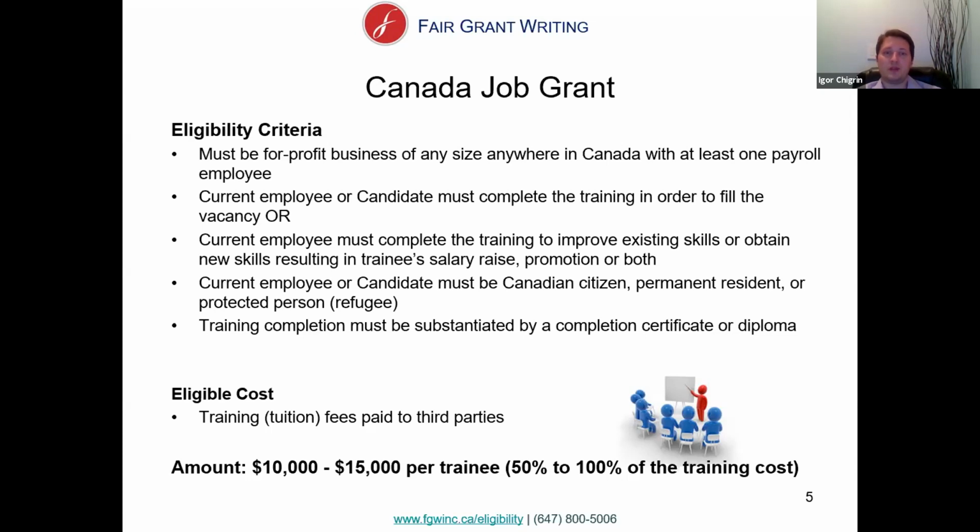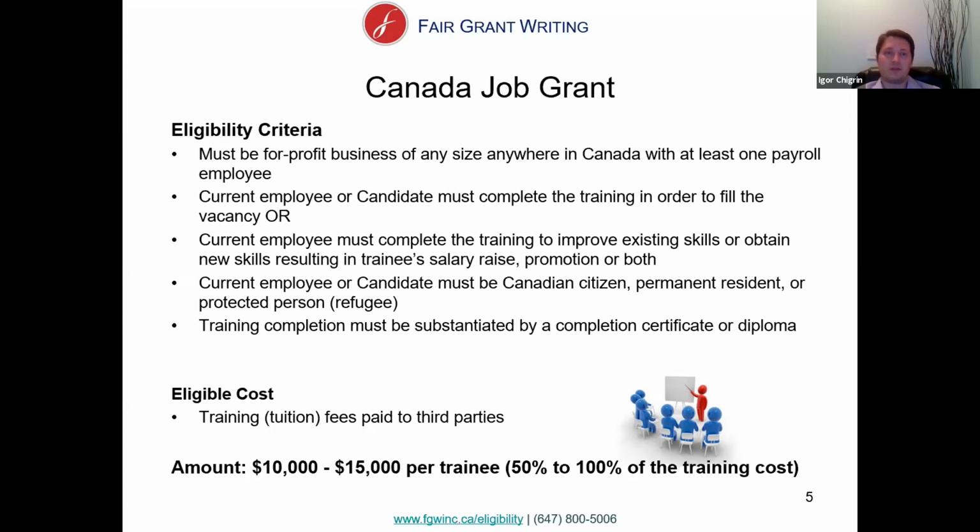Depending on the size of your business, you get either 50% of the costs from the government, or even two-thirds, which is about 83% of the expenses, up to a maximum of $10,000 per trainee.